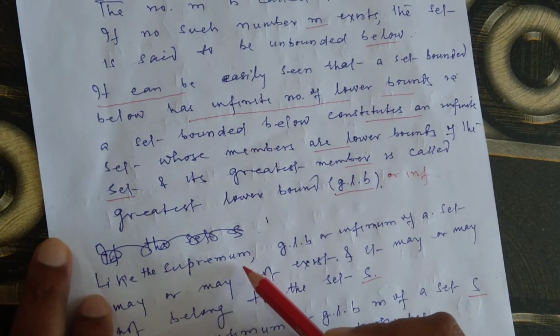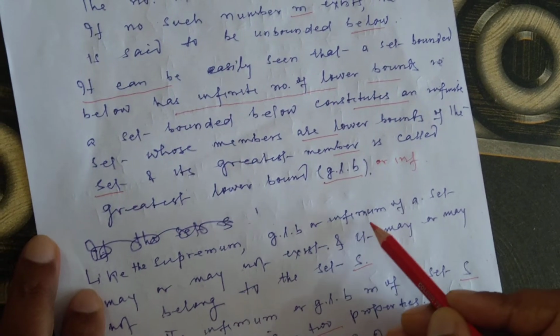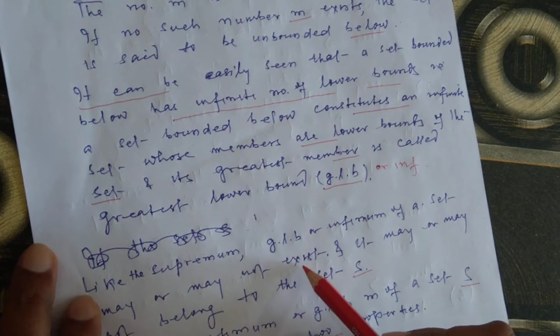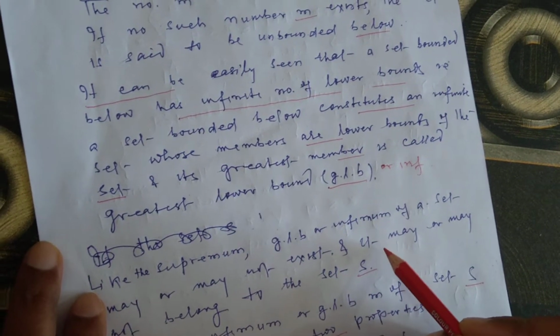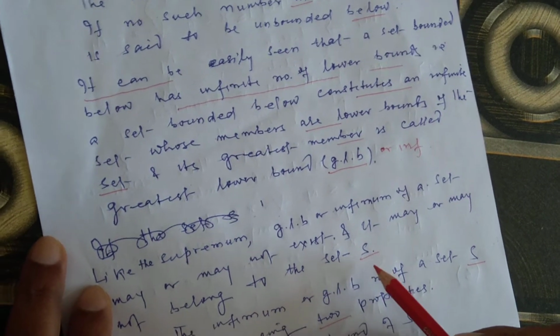Like the supremum of a set, greatest lower bound or infimum of a set may or may not exist, and it may or may not belong to the set S.